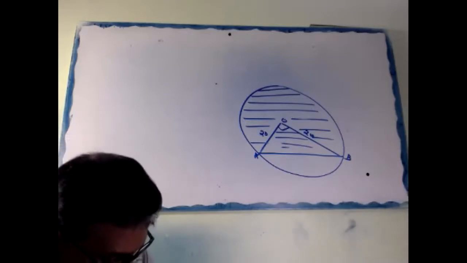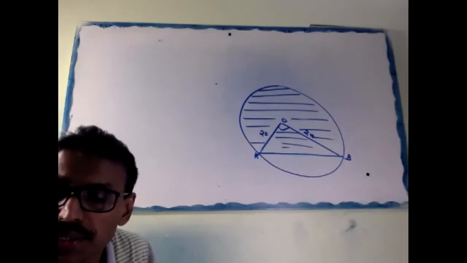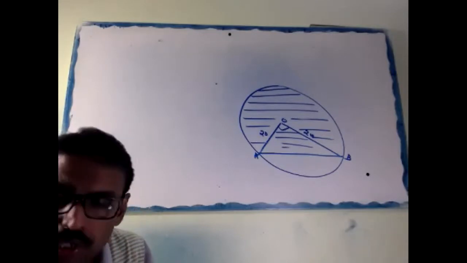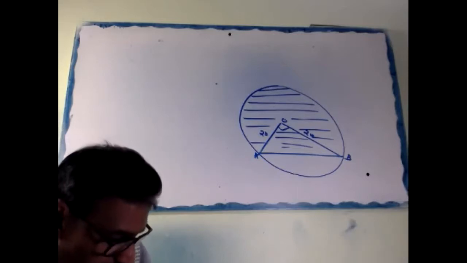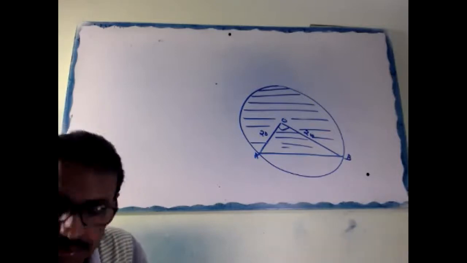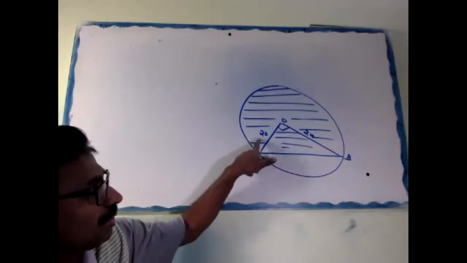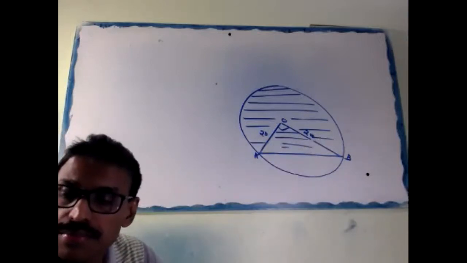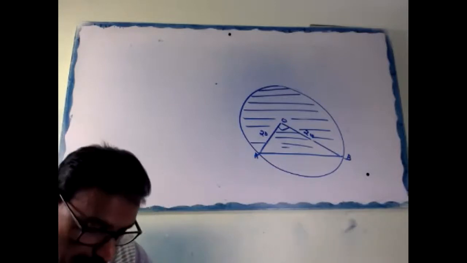Radius is 20 centimeter. A chord of a circle of radius 20 centimeter subtends an angle of 90 degree. You can see the board now, 20, 20 here. Find the area of the corresponding major segment.